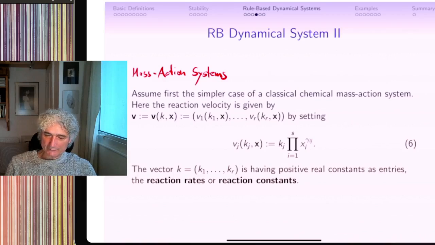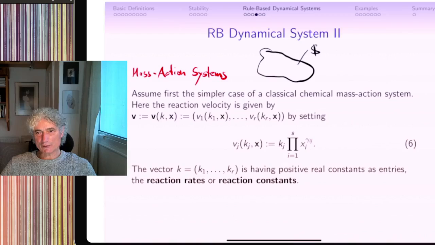So S is a kind of reaction volume, and you have particles inside of different types, and sometimes they bump into each other and give changes in the concentration. So now we are talking about concentrations, not particle numbers anymore.